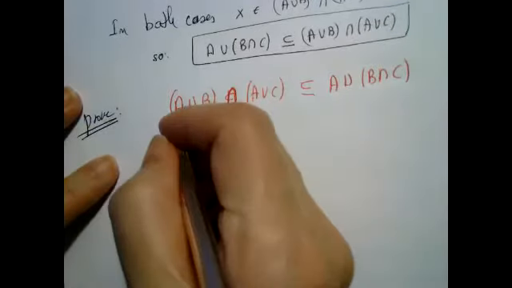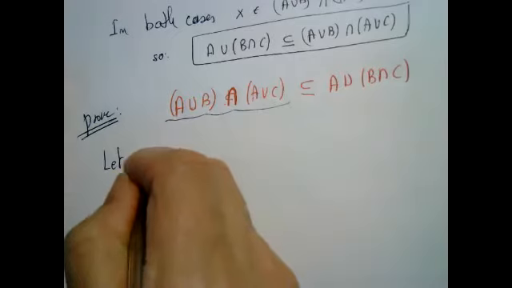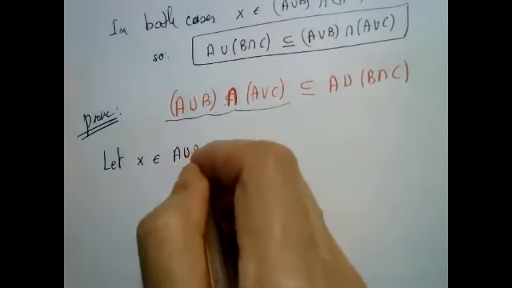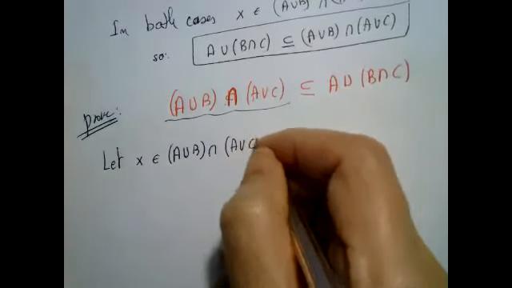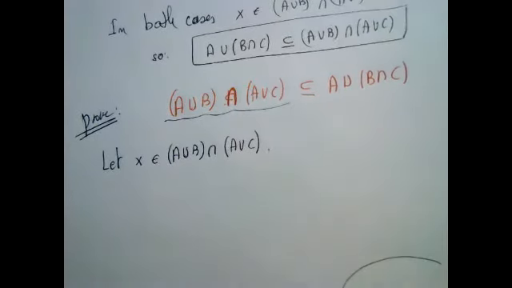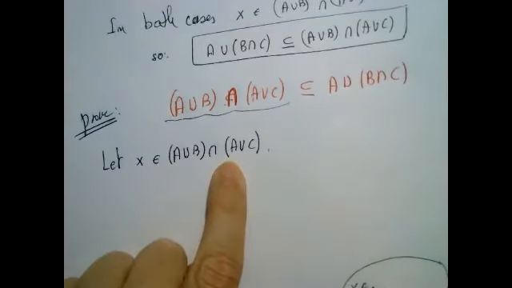As usual, we take an X and we say, let X be in here. And I need to convince you that if it's in here, then somehow it has to land in here as well.